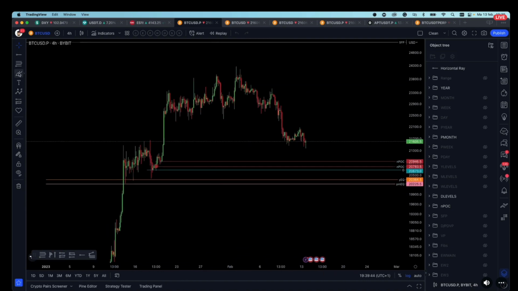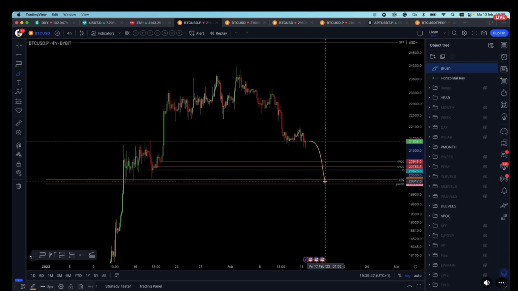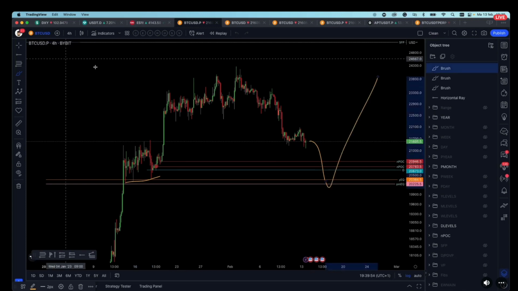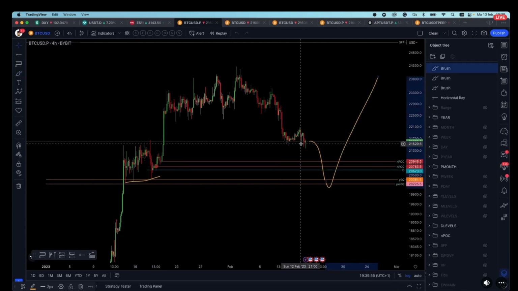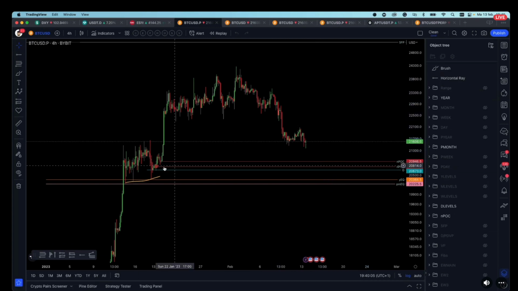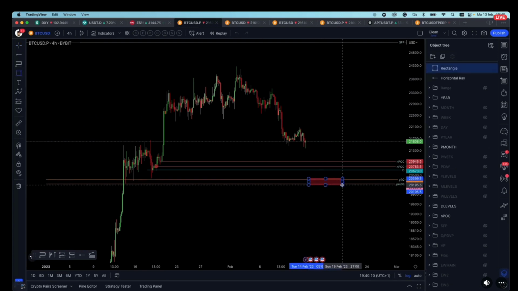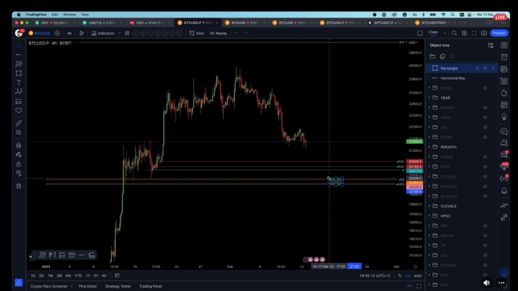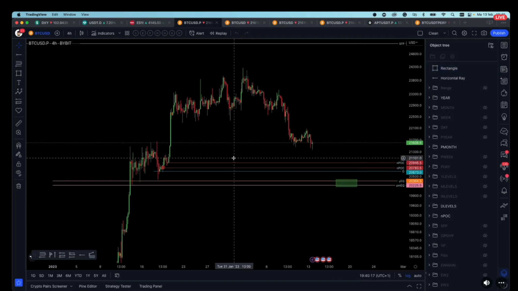So it would be nice to actually drop here, take out these stop losses, and then move higher. Tomorrow is CPI as well, so CPI will definitely be a volatile event. So I'm not saying that this will happen, but I am definitely looking at this zone over here as a long. That's something that I am looking at.